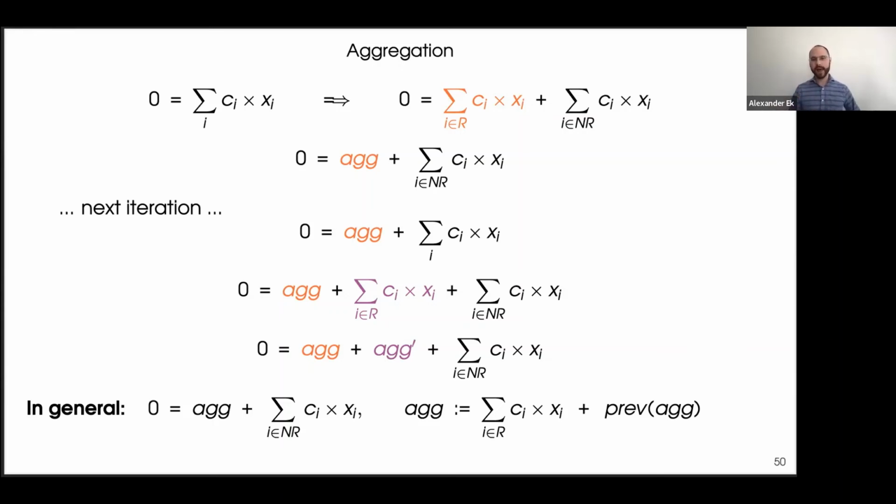And then we define the aggregated value as the sum of the realized things in this session plus the aggregated value from the previous session. This makes sure that the aggregated value cumulatively adds up, and the constraint itself always means the original thing as if we had kept all that data lying around.